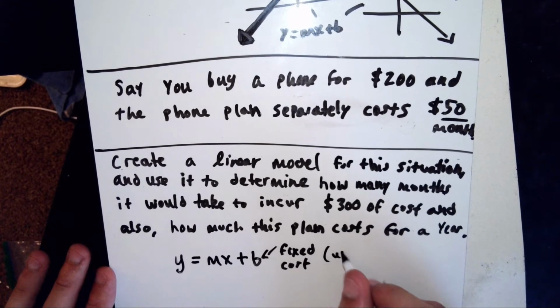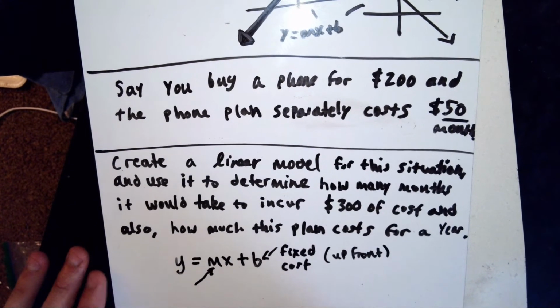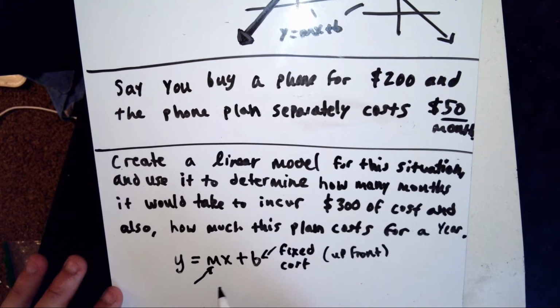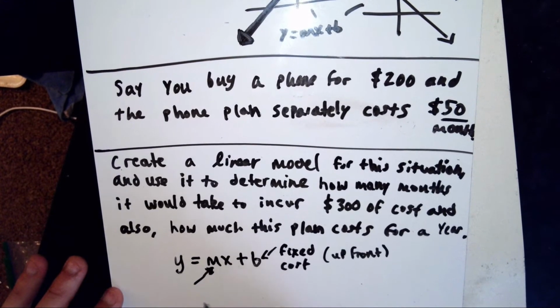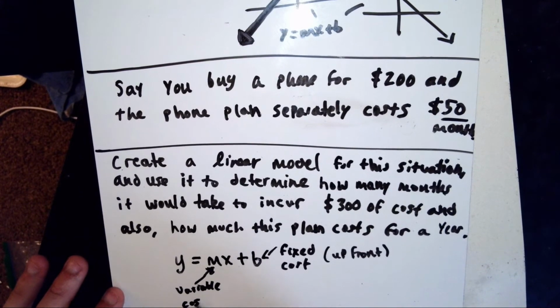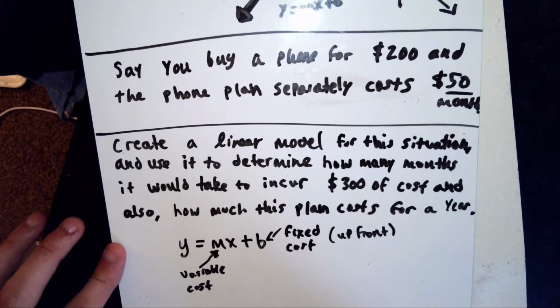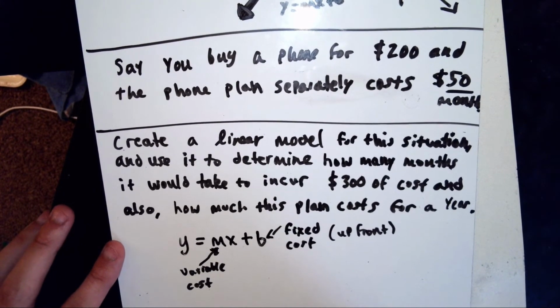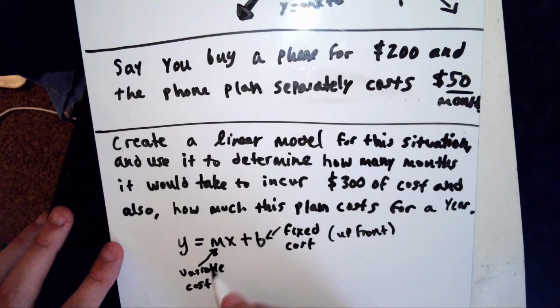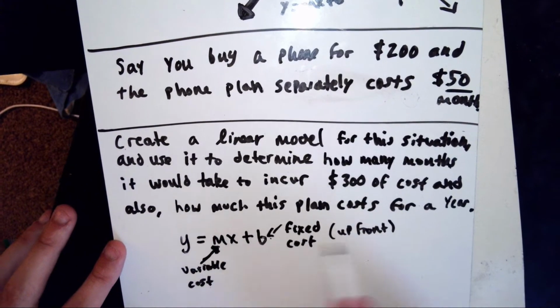And then m is your variable cost. This is how much you pay, and it depends on how many months we're using the phone for. So m is the variable cost, and b is the fixed cost, the upfront cost.